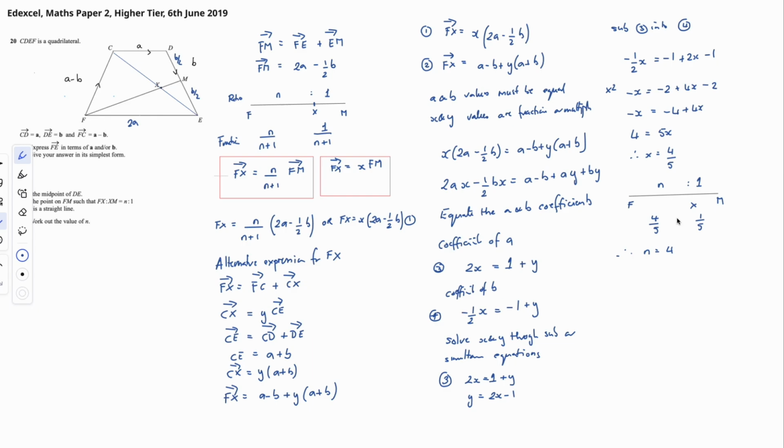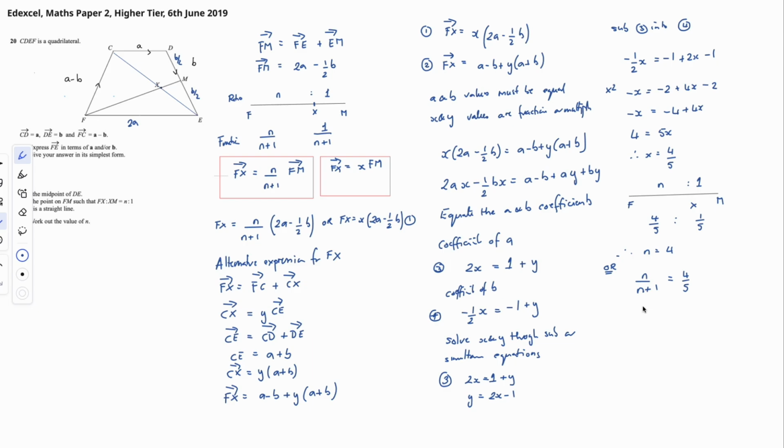But if that doesn't feel comfortable to you, we could just equate our x equals 4/5 to this equation here. So we've got n/(n+1), or the other solution, if you're happier with seeing it this way, is n/1 is equal to 4/5.